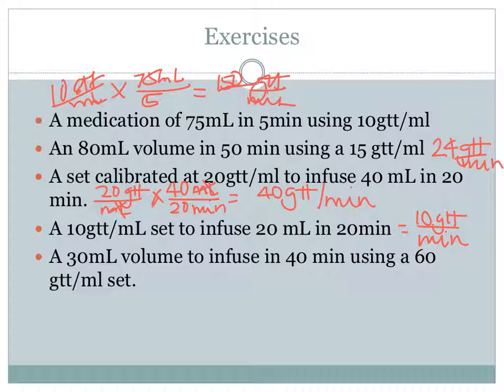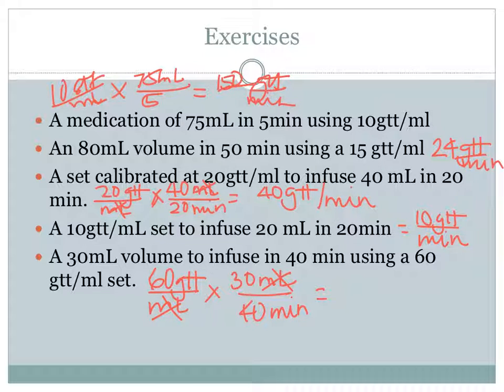And finally, using the same procedure, you have the 60 drop per mL set times 30 mL in 40 minutes. And that gives you, again canceling out the milliliters in the numerator and the denominator, the rate of 45 drops per minute.